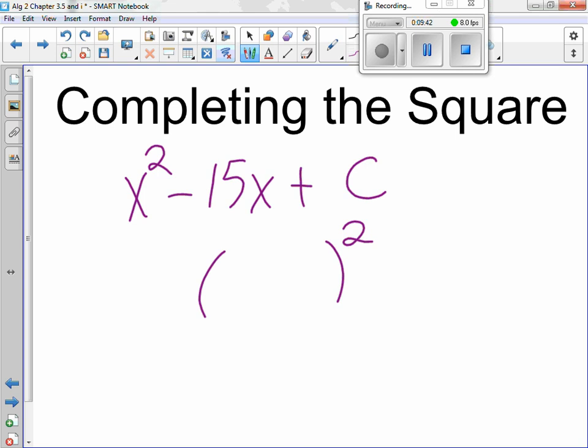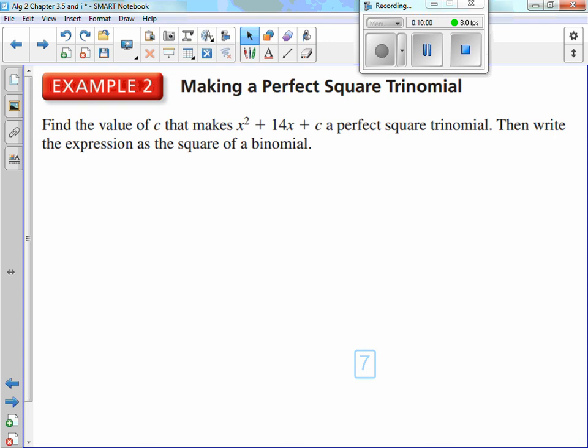But this here has some basic steps to it. Now, the first step that's really important is finding the value of c. Because there's a method that I could find the value of c that will make this a perfect square trinomial, that I could write into a set of parentheses squared. Now, for any trinomial, to get it to be a perfect square trinomial, to find the value of c, c is going to be b over 2 squared.